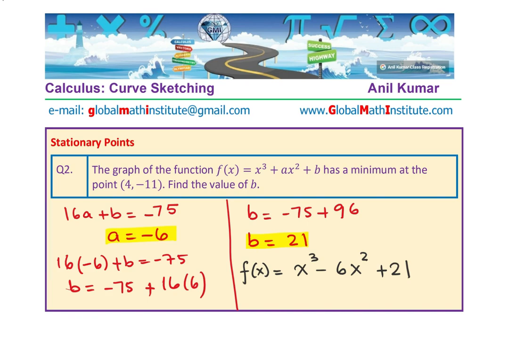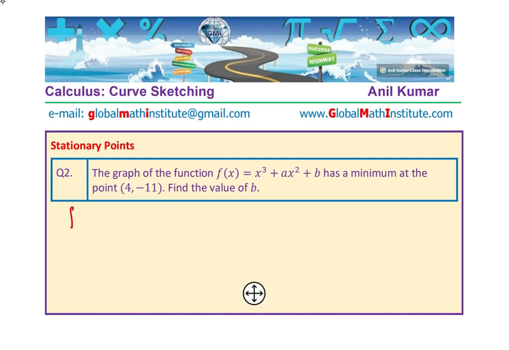Now, here is the extension. We are going to extend this particular problem for you to solve. The function here is x cubed minus 6x squared plus 21, correct?